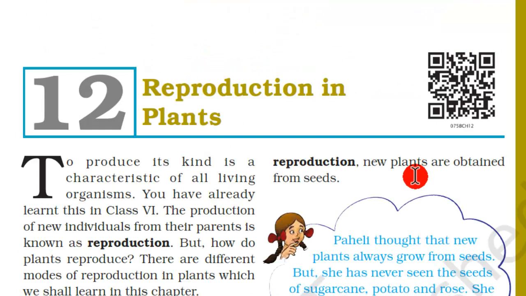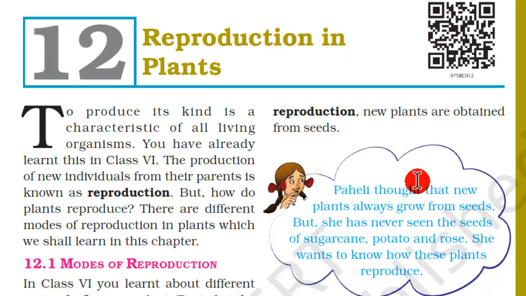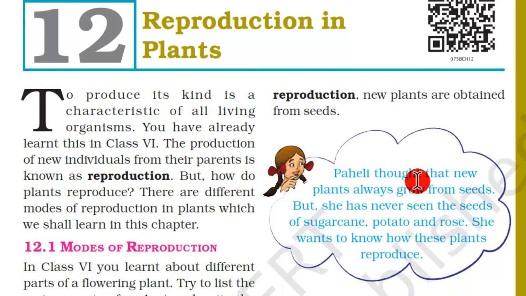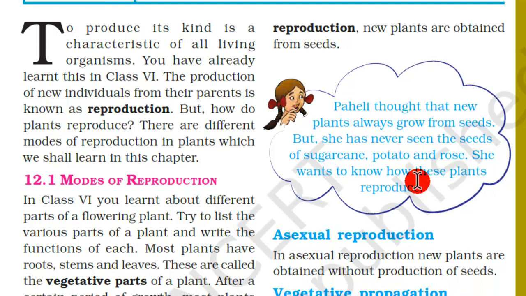Let's see a quick revision of what we have discussed in this chapter. All organisms multiply or reproduce their own kind. In plants, there are two modes of reproduction, that is, asexual and sexual reproduction.